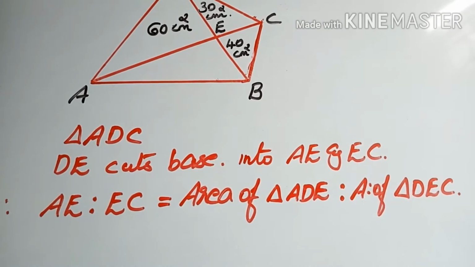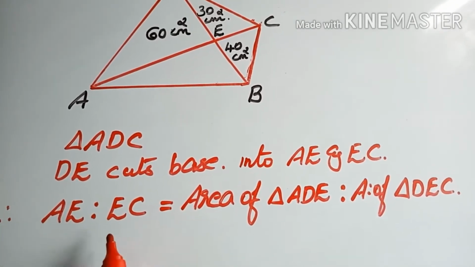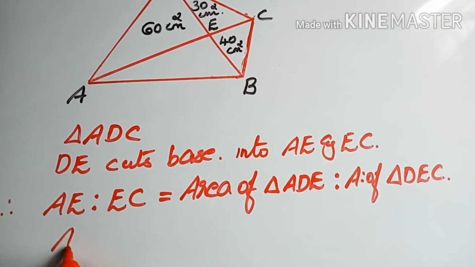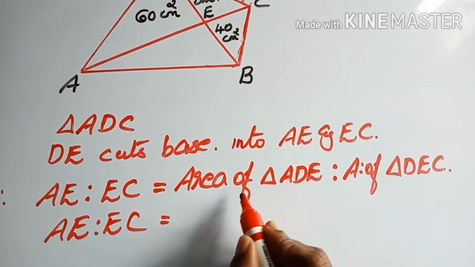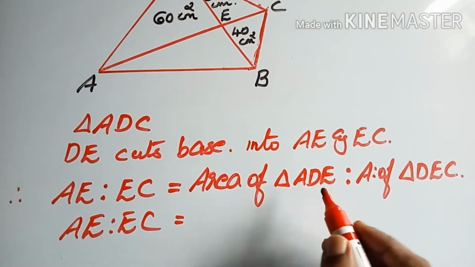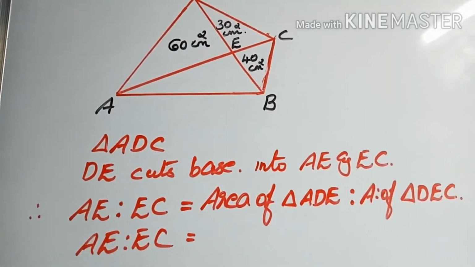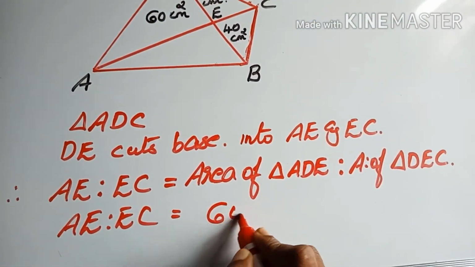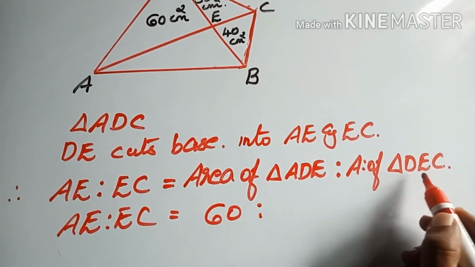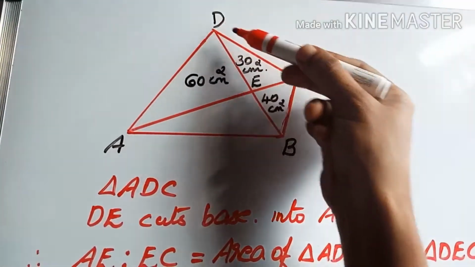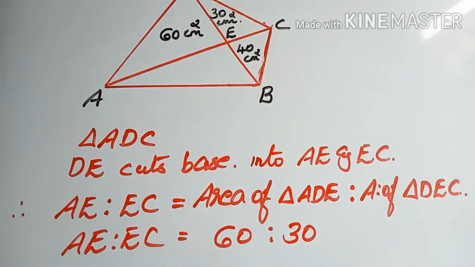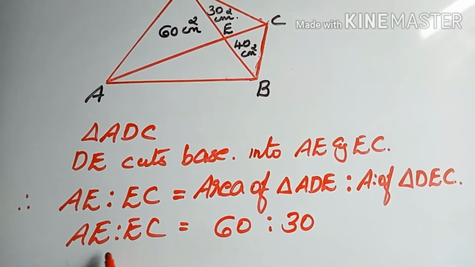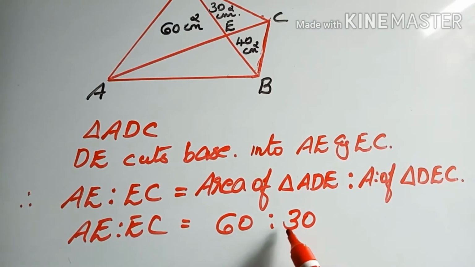Now AE and EC ratio we don't know, so just write AE is to EC equal to area of triangle ADE, which is already given as 60, is to area of triangle DEC, which is 30. So the base ratio will be equal to 60 is to 30.